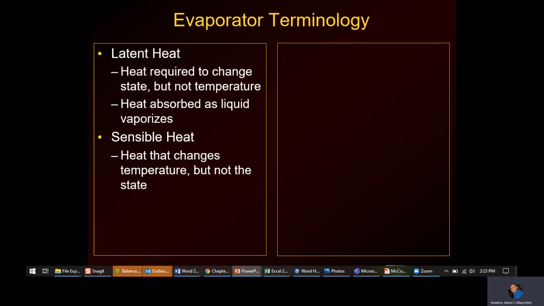So boiling, freezing, thawing, condensing, evaporating, all those are terms for latent heat. Sensible heat is a temperature change, something that's measured with a thermometer. And I've always said sensible heat makes sense, right? And we're going to use sensible heat. Superheat is sensible. It's degrees above saturation.